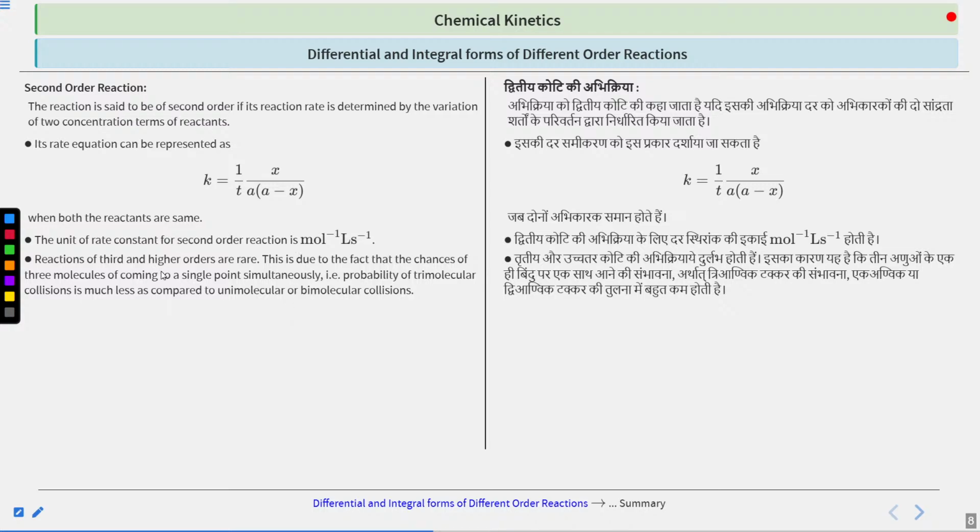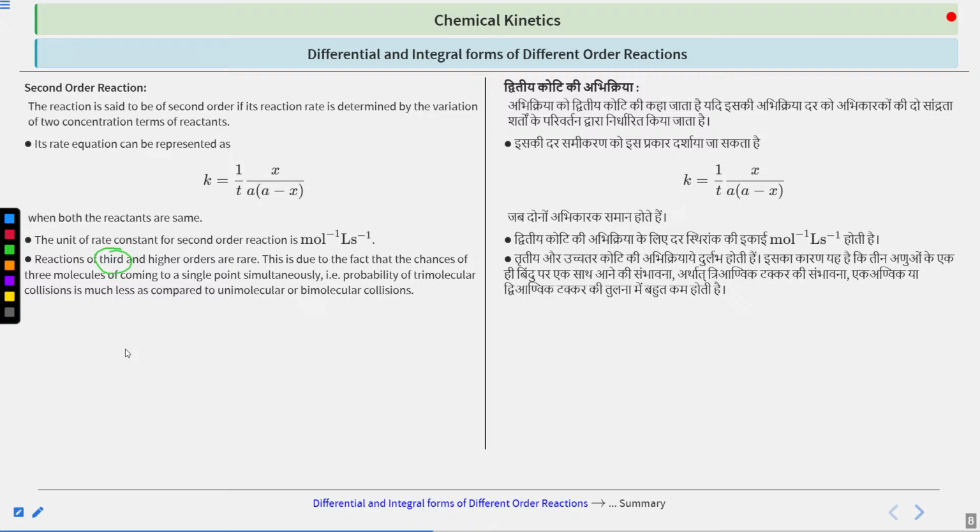Next we have third or higher order reactions also, but these types of reactions are very rare, because we have seen what order is. Order is basically the molecularity for an elementary reaction, and you know that molecularity greater than 3, or even equal to 3, is very difficult. Why? Because the definition of molecularity says that molecules have to collide.